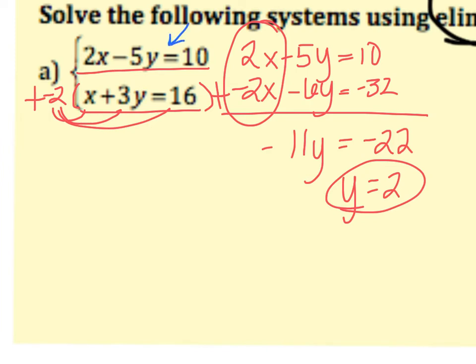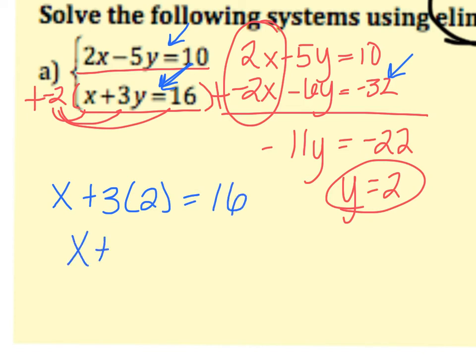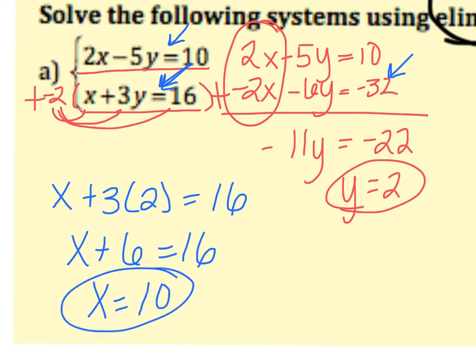The first one, the second one, or even the one that you multiplied the negative 2 by. It doesn't matter. I'm going to pick the second one down here just because it's got smaller numbers and less numbers. So x plus 3 times 2 equals 16. And I'm going to continue to solve this and get x equals 10. So your final answer is written in black, 10, 2.